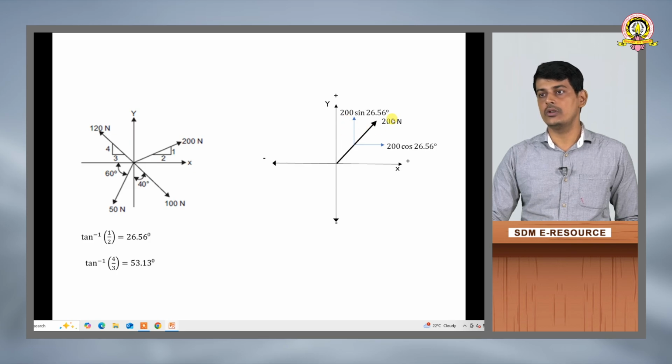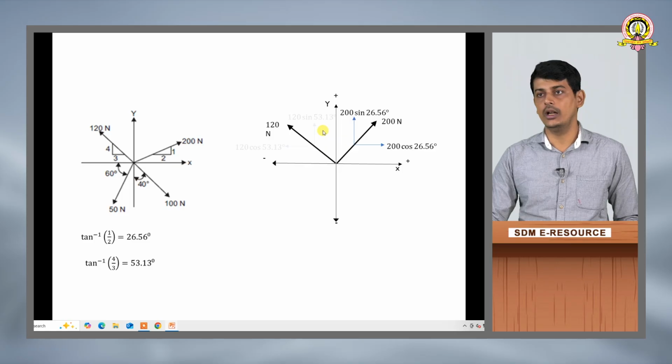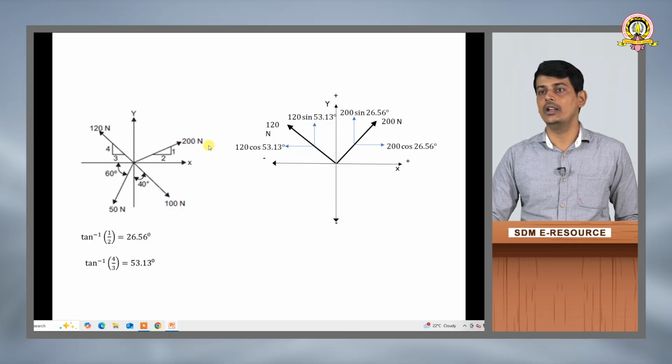The horizontal component will be 200 cos 26.56 degrees, and similarly the vertical component will be 200 sin 26.56 degrees. For the second force, 120 Newton, the vertical component will be 120 sin 53.13 and the horizontal component will be 120 cos 53.13. Remember, in both cases we have the angle with respect to the x axis, so the x component will be the cos.